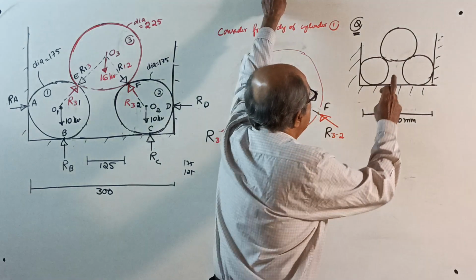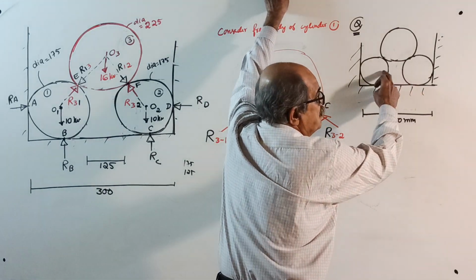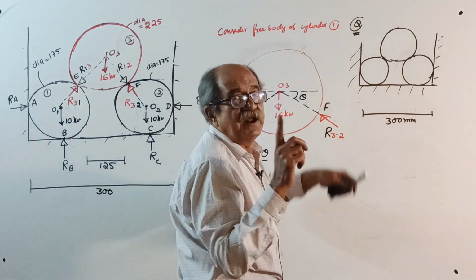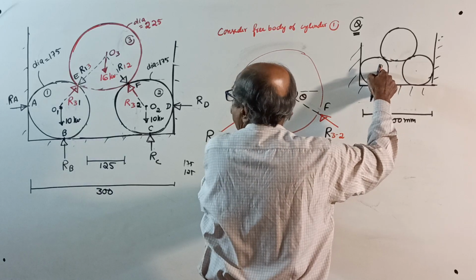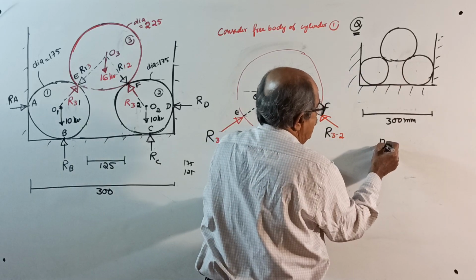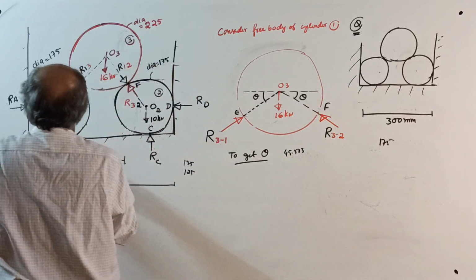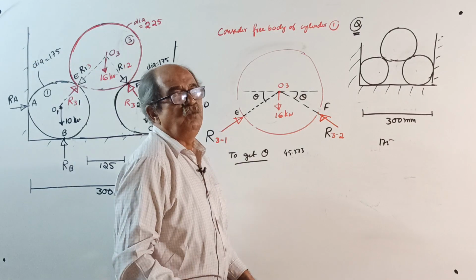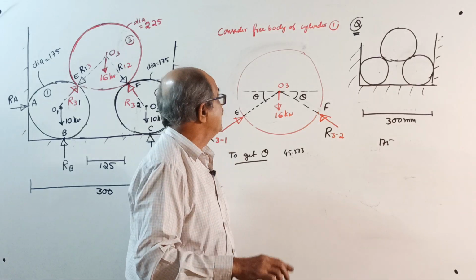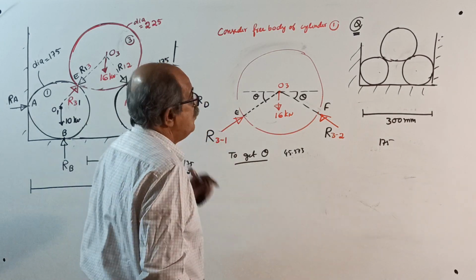Data. The bottom two cylinders, both are of diameter 175 millimeter, and the weight of each of those cylinders is 10 kilonewton.